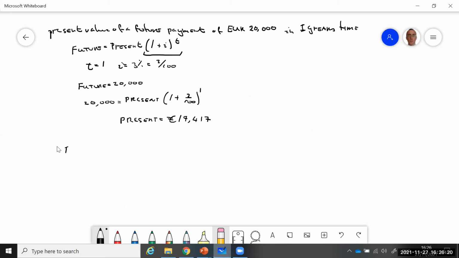So as before, the future value equals 20,000, and so 20,000 equals whatever present figure times 1 plus 3 over 100 to the power of t.